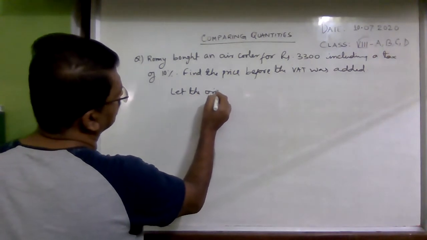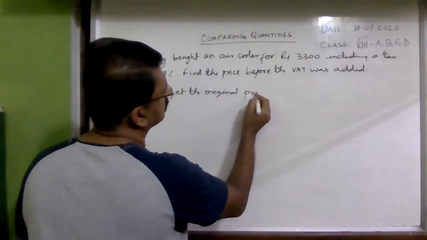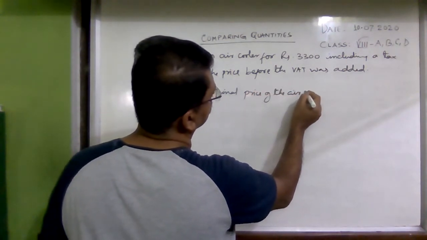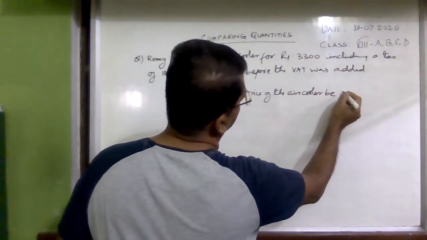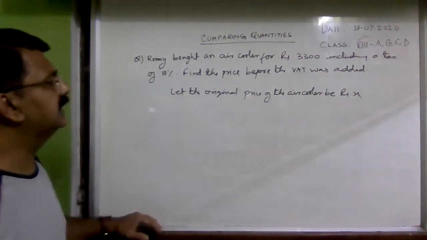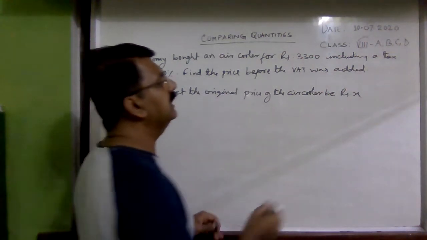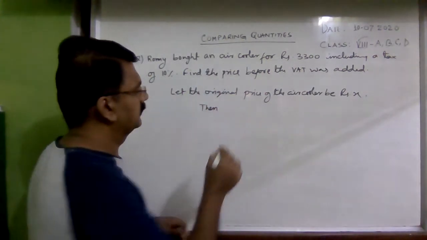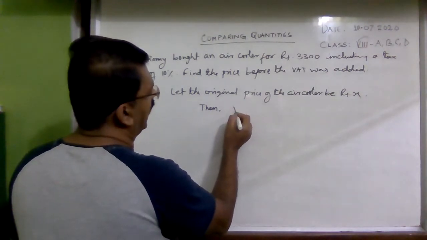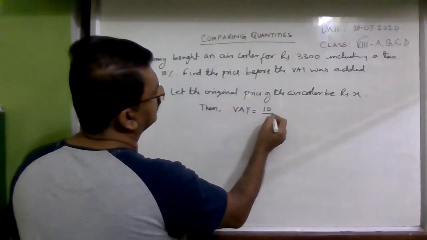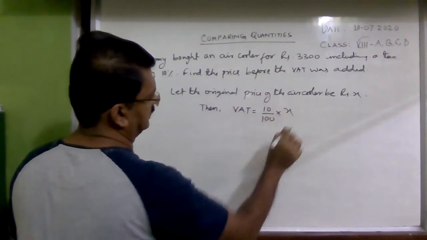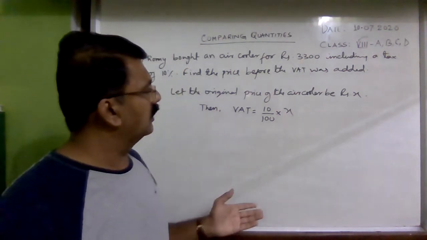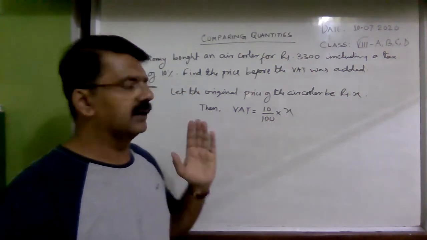Let the original price of the air cooler be rupees X. Then VAT is equal to 10% of X. As I told you, VAT or the sales tax is always calculated on the original price.